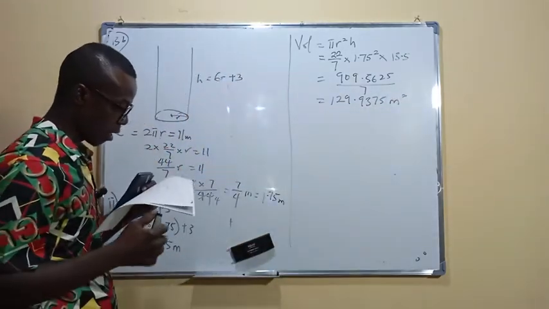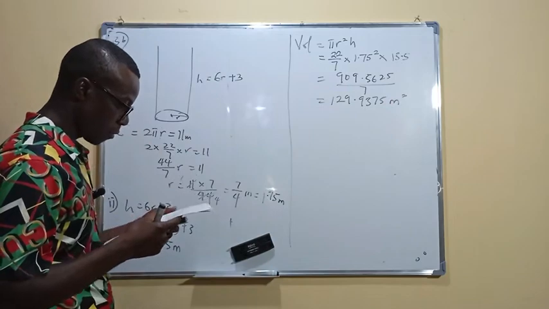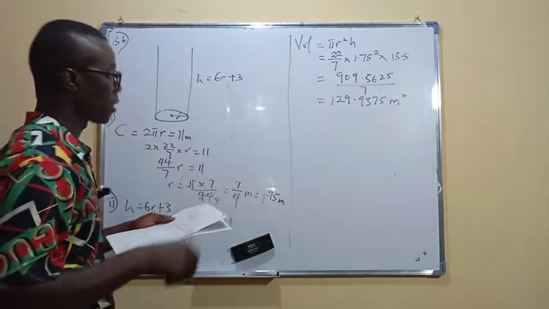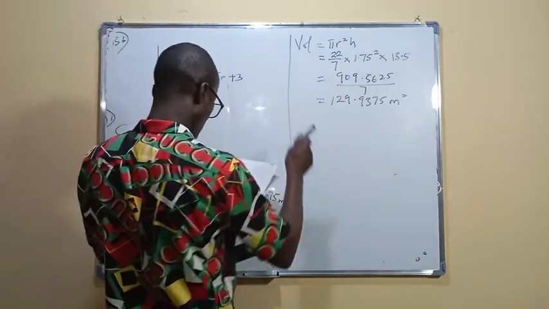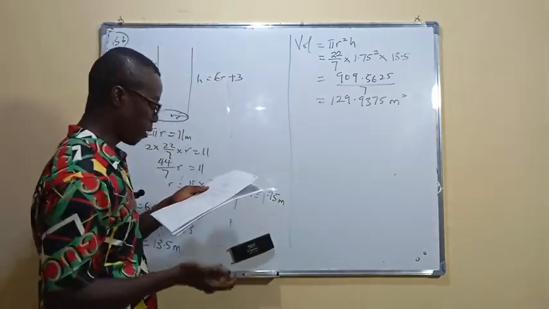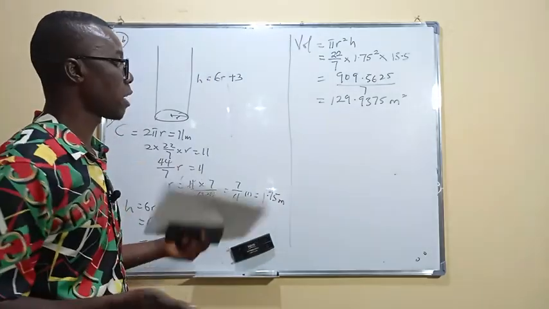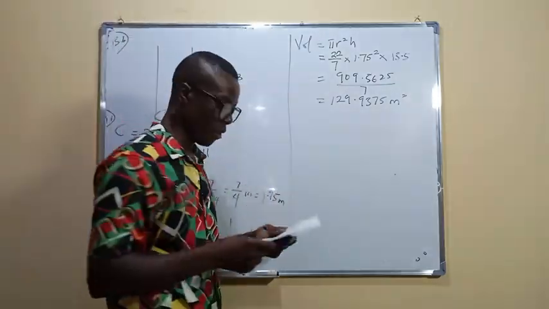It has to be meter square. I'm checking to be sure that the units are intact. They said calculate the volume of the tank. They didn't say to any decimal places, so I think I can leave the answer there.